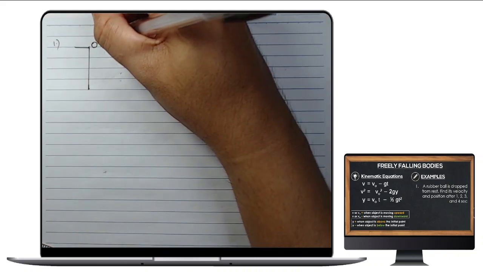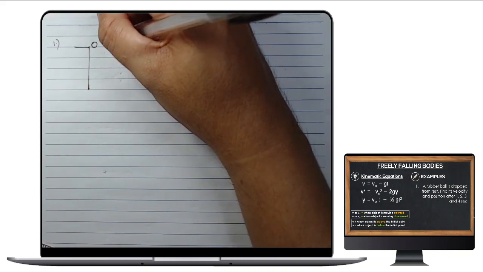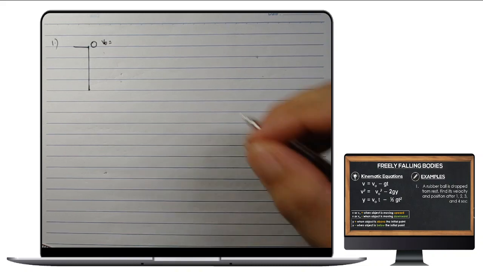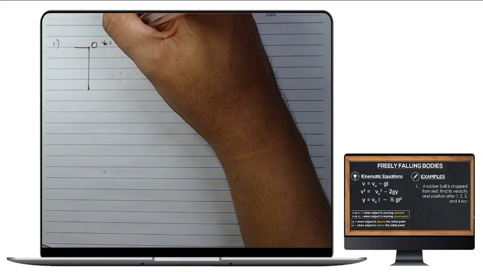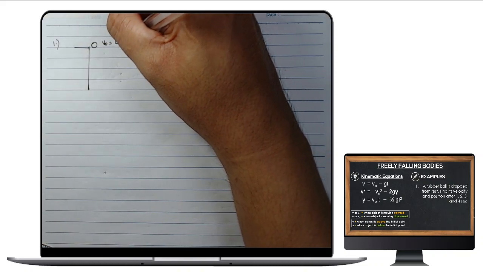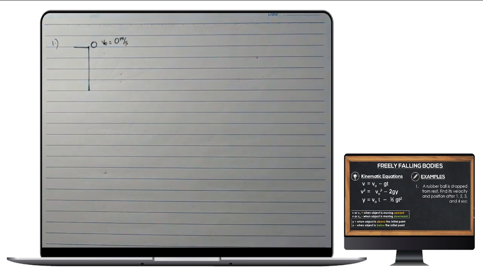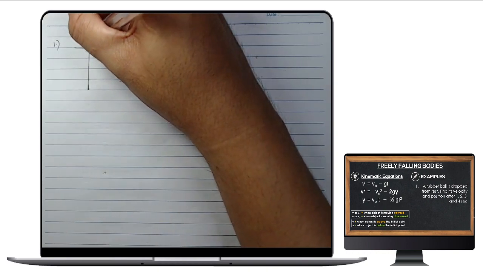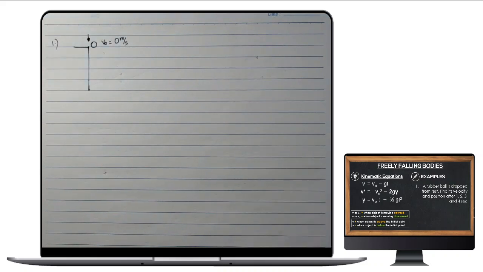So the initial velocity of the rubber ball, since it is dropped from rest, is simply 0. So let's use the metric system. So we have 0 meters per second. That is your initial velocity, and the motion is drawn downward because the rubber ball is dropped. So our motion will be downward.